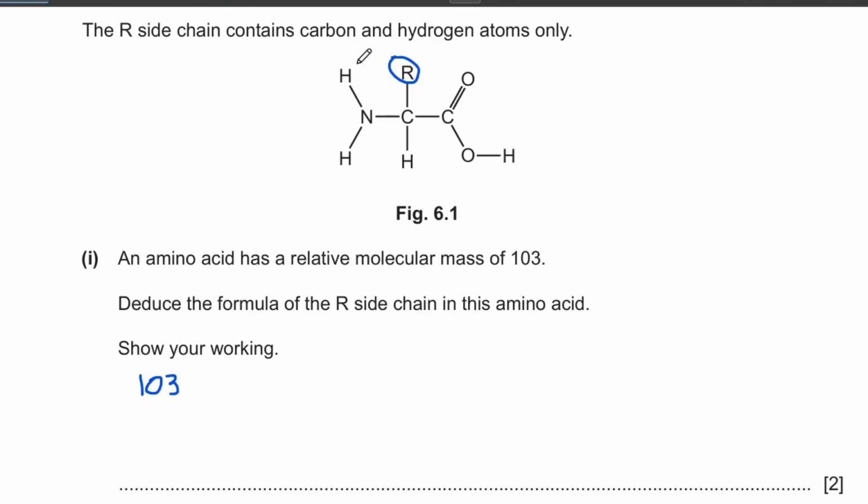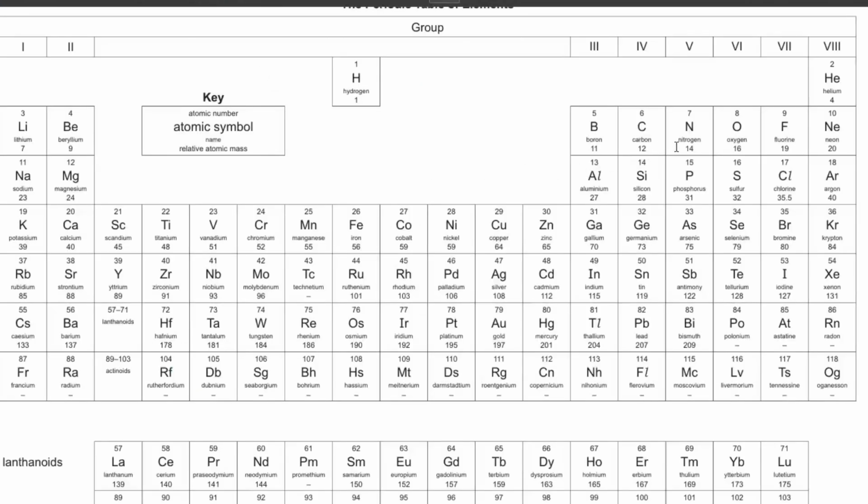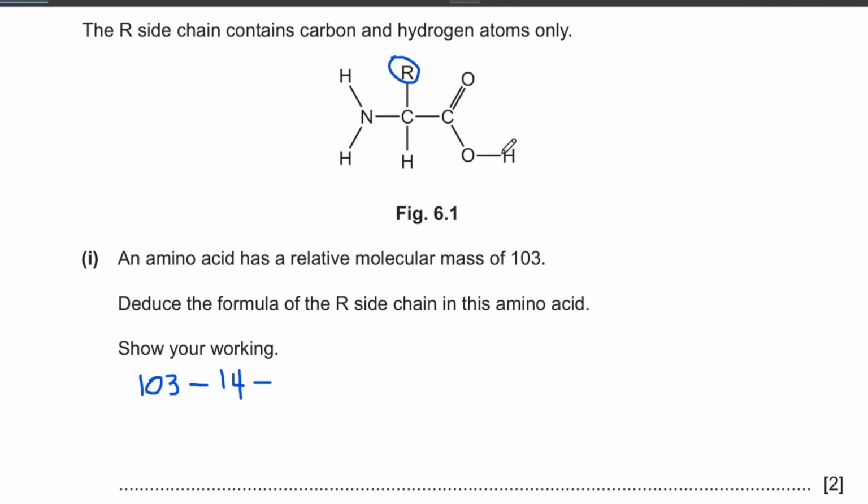We are told that the relative molecular mass is 103. So we subtract the relative atomic masses of all the atoms in the compound. Let's start with nitrogen. The relative atomic mass of nitrogen is 14. Check your periodic table, this is nitrogen, and you can see the relative atomic mass is 14. Then minus, how many carbons do we have?